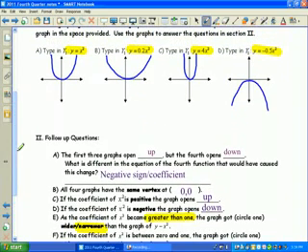So look at what we had up here. We had y equals 4x squared. Notice my 4 is greater than 1, so that's why it got really narrow.